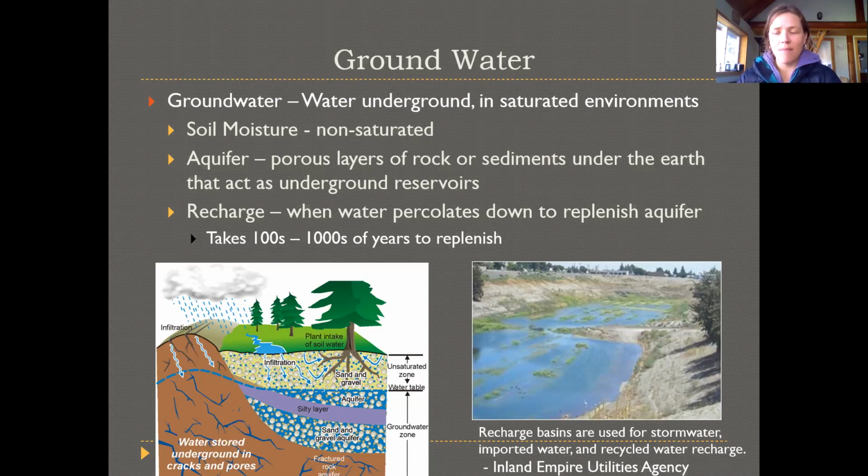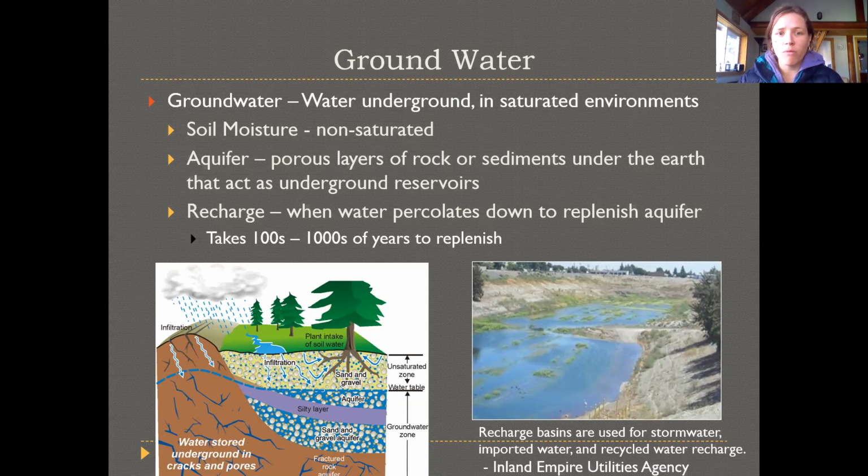The water table is the boundary between an unsaturated zone of soil where we have soil moisture, and a zone below that where we have a saturated environment, which means that all the spaces between all the soil particles and all the fragments of rock down below the ground are filled in with water. So the diagram on the left shows the surface zone with some water in the soil, the water table, and then the zone of groundwater below that.